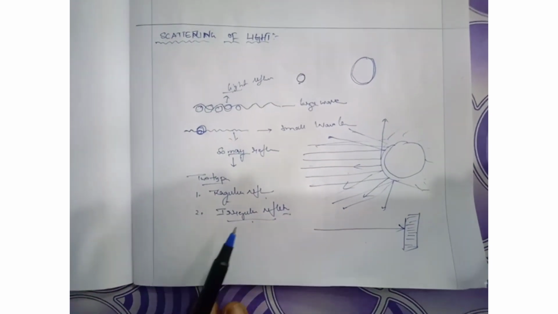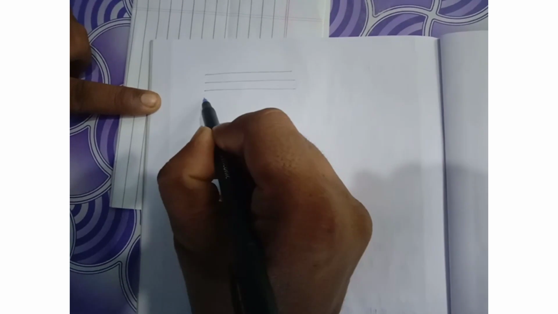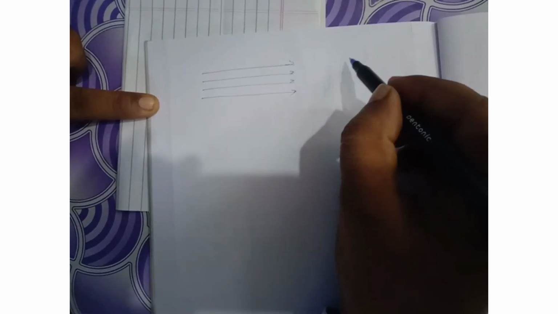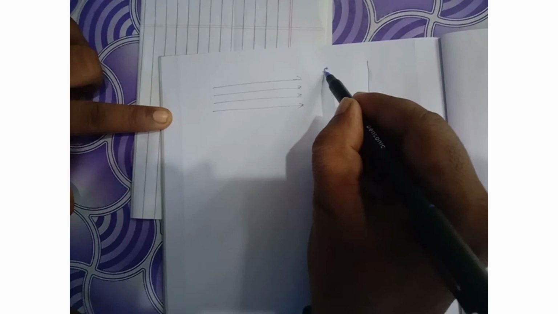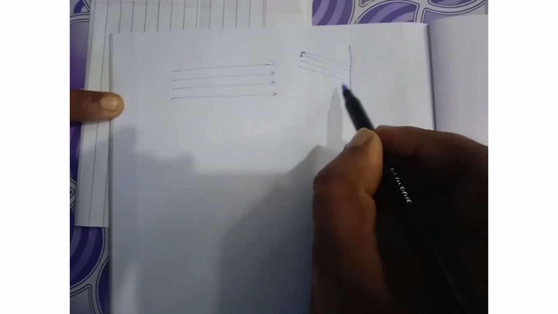Now, what is the scattering of light? It means that light enters like this as a parallel beam of light. In front of the mirror, if the source is here, the observer on this side can see it.